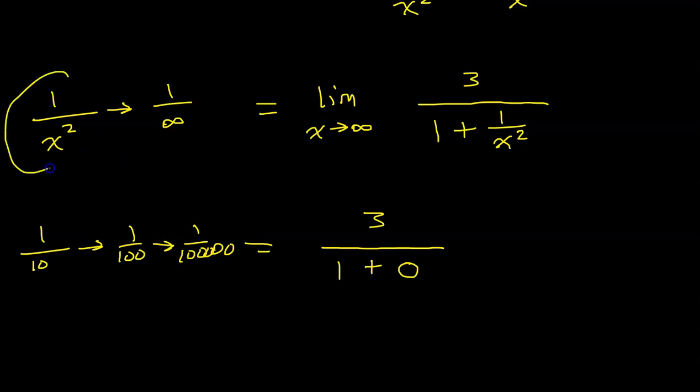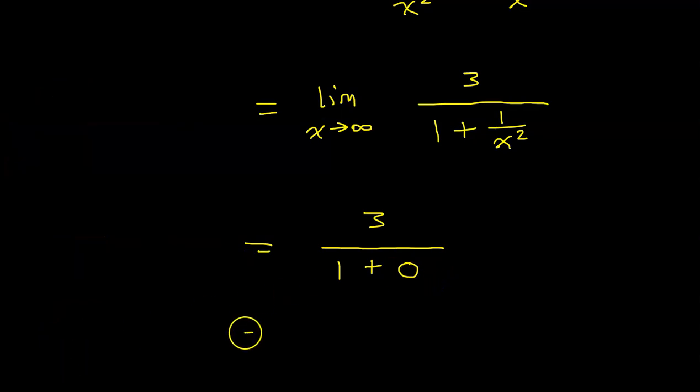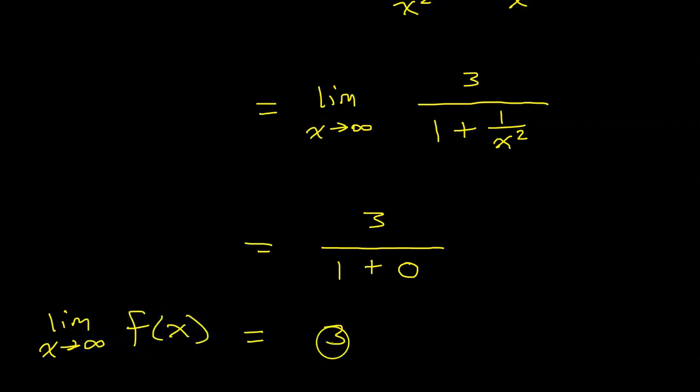So any expression like this is going to approach 0. So this is just 3 over 1, which is simply 3. So we have now proven analytically that the limit as x approaches infinity of f of x is equal to 3.